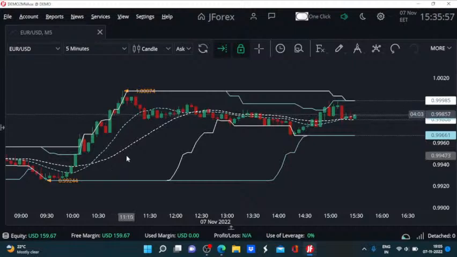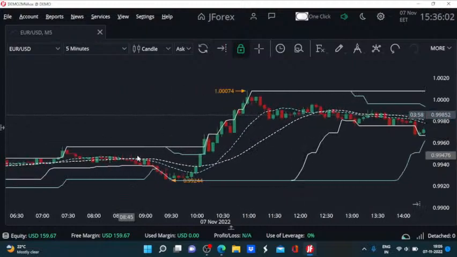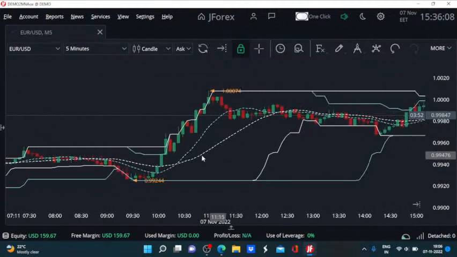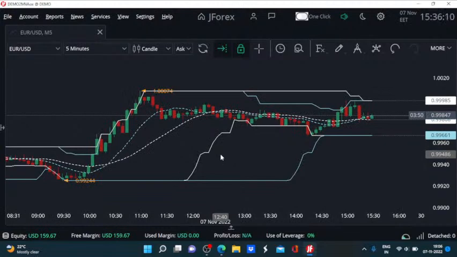That is my assessment of the current scenario for Euro USD, simply pointing to the continuation of the trend with the formation of higher highs and higher lows. That means we should be looking for opportunities to go long, not short, in the case of Euro USD, and we can expect a move beyond 1.00 in the next couple of hours.